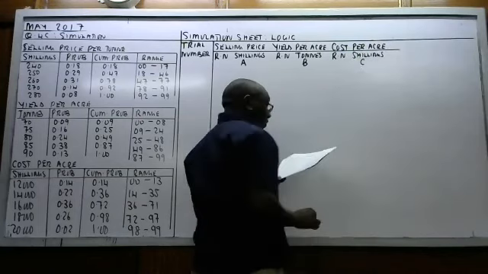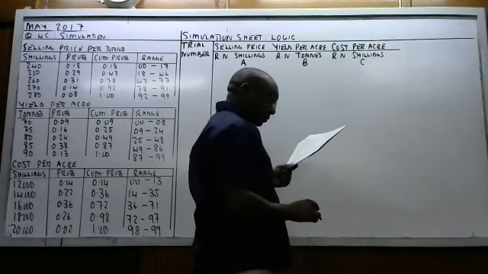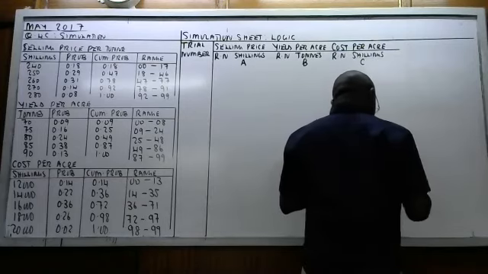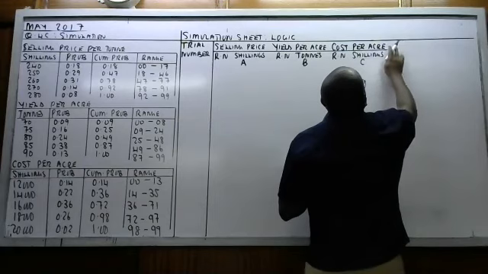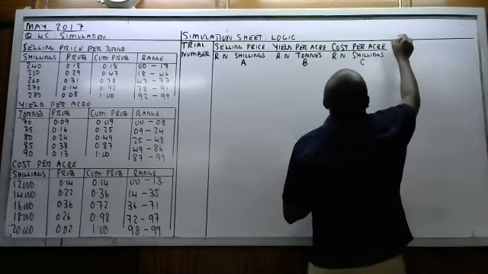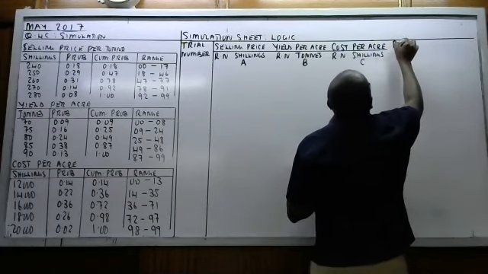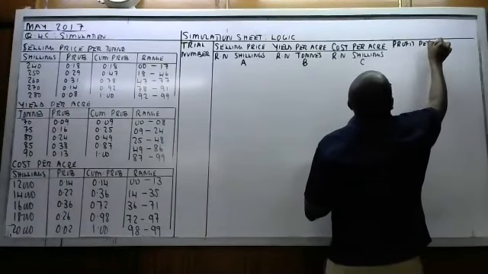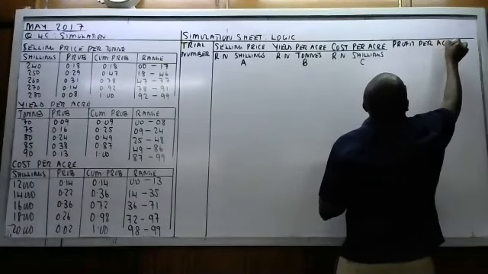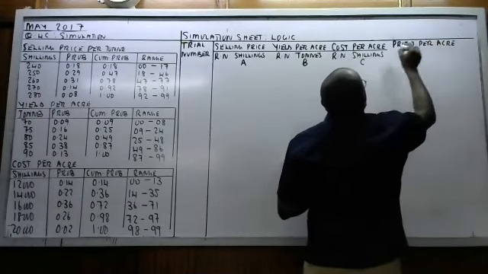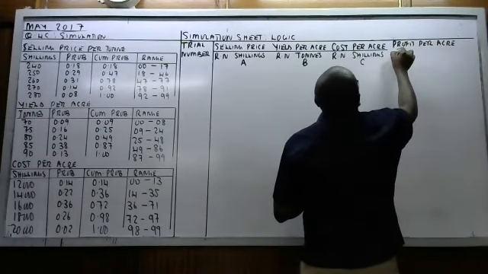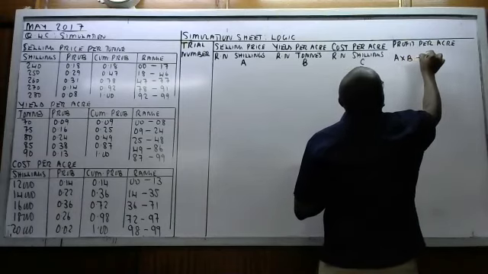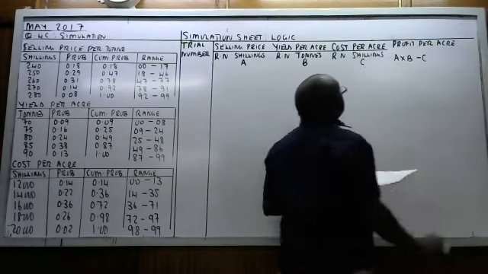This one I call C. Then from there, I'll be able to get profit per acre as A times B minus C.